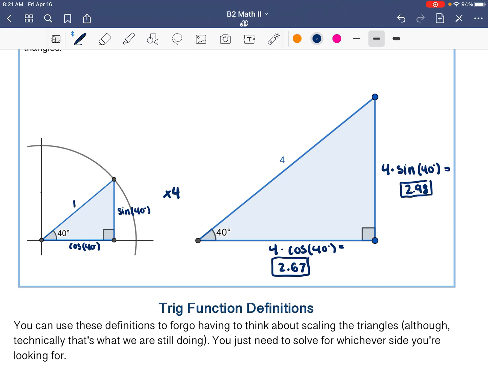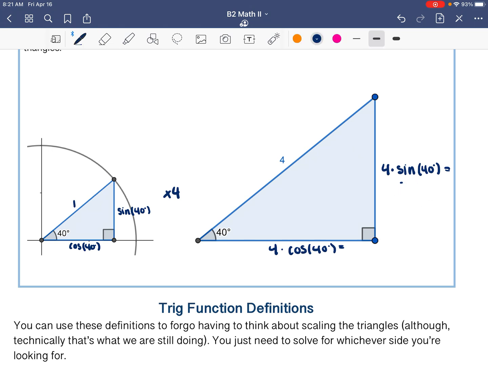So we have 4 times sine of 40 makes 2.57. Okay, so that's different than what I have. 4 times cosine of 40. Yeah, those are slightly different. I was worried that those would be wrong. I felt like I was remembering that those were wrong from last year.